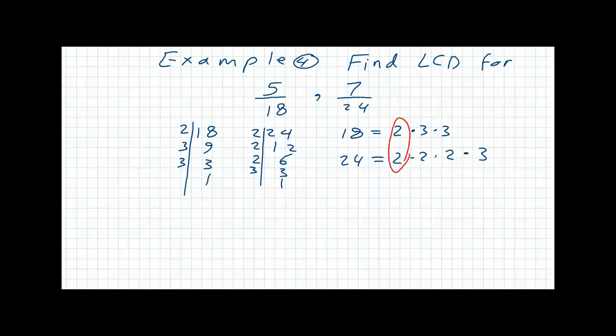We have this number 2 and this 3. Our LCD is 2 times 3. We took one of these and one of these, times the remaining numbers, 2 times 2 times 3. And the final answer is going to be 72.